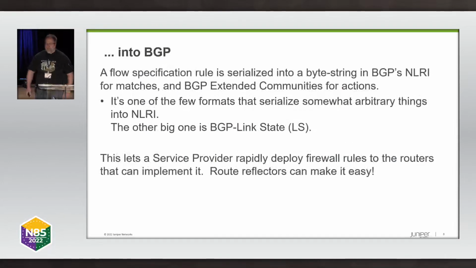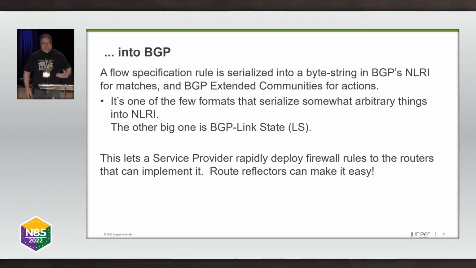So again, Flowspec is about distributing firewalls into BGP. What could go wrong there? Flowspec is a way of serializing an actual firewall tuple into a BGP route, an NLRI. And it allows you to couple these things with a set of actions with your match criteria. Those usually go into an extended community.